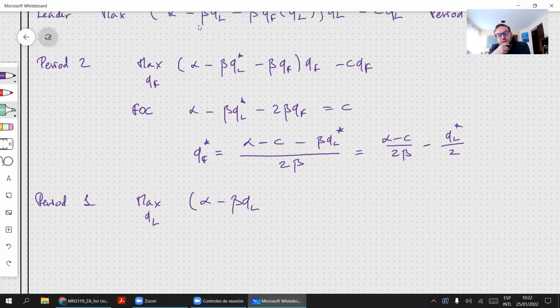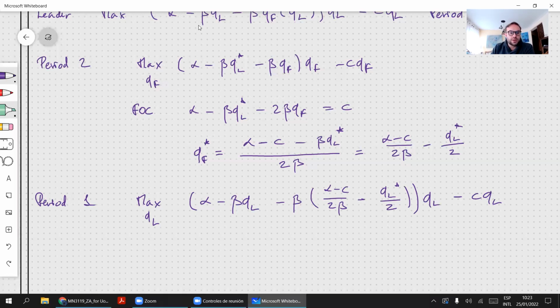She knows that she has an influence on the price, but also she knows that the follower has an influence on the price, and that the follower is going to produce alpha minus C over 2 beta minus QL divided by 2. This is multiplied by the quantity that the leader is going to produce, QL, right? So we need just to do the appropriate substitution, which is plugging back the best response of the follower into the problem of the leader.